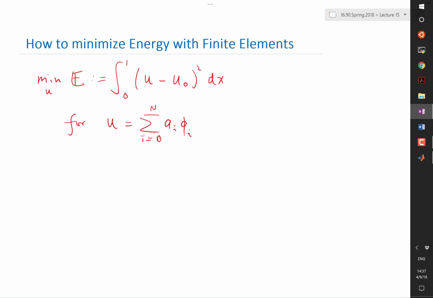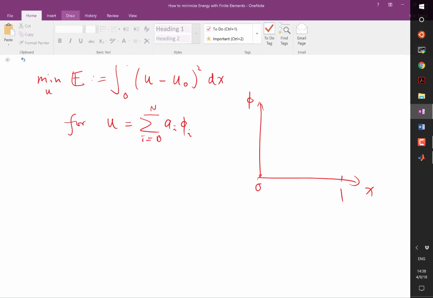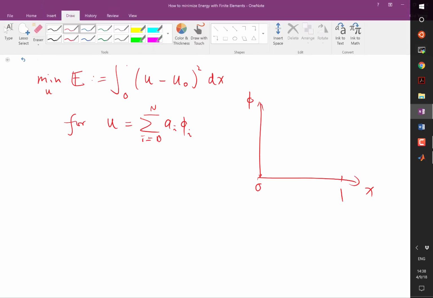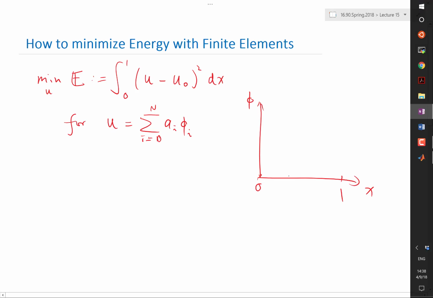We used the nodal basis functions, which looked like that. So if we have my phi and my x in between 0 and 1, in particular, we adopted three elements, equally spaced between 0 and a third, between a third and 2/3, and 2/3 and 1.